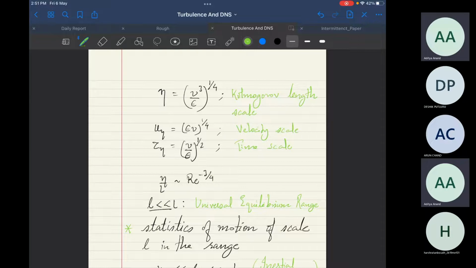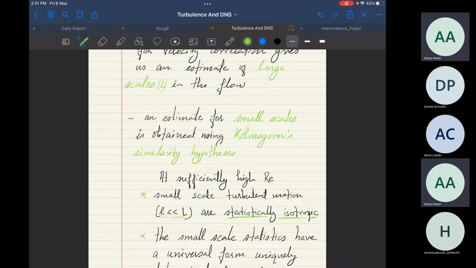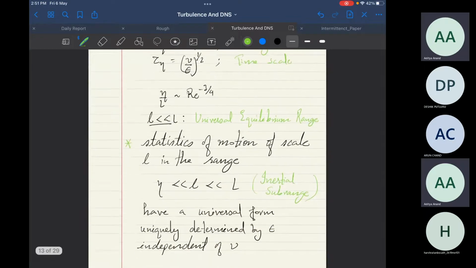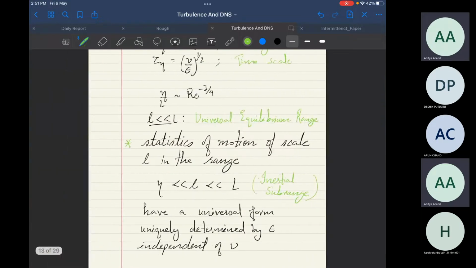So these Kolmogorov scales are an estimate of the smallest scales that are present in the flow. We've seen the first similarity hypothesis, which talks about scales much smaller than the integral length scale. All the scales that satisfy this criterion are said to be in the universal equilibrium range. Now, there is something called the inertial subrange. This is the second similarity hypothesis, which says that your scales are much smaller than L, that is, they are in the universal equilibrium range, but they are still much larger than the dissipation range.